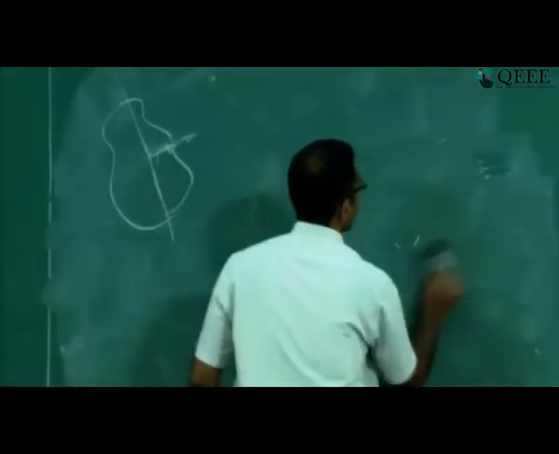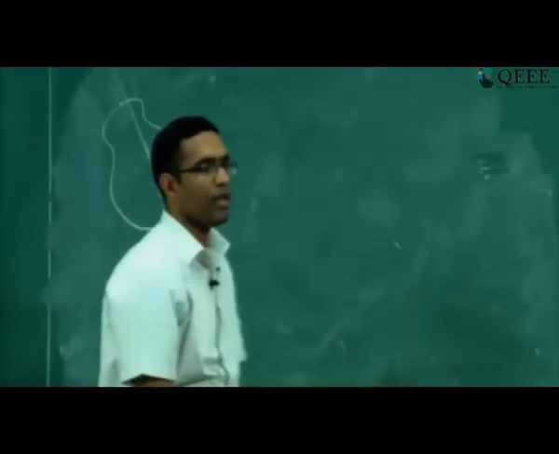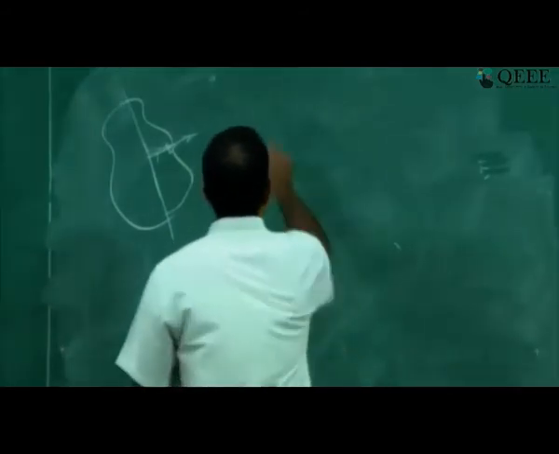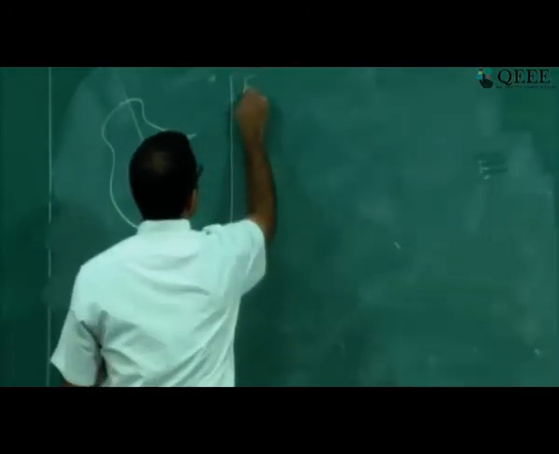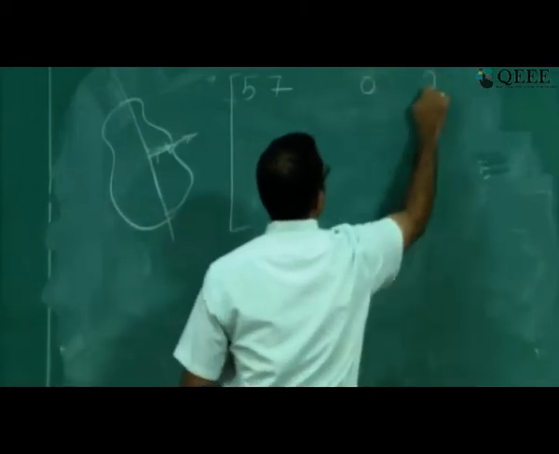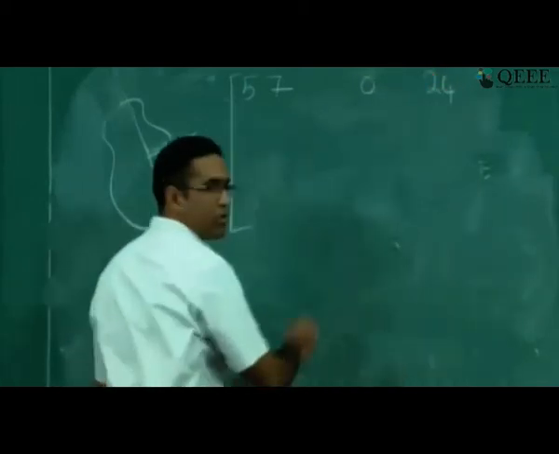So let us take the current example that we have. So it is 57, 0, 24, 0, 50, 0.